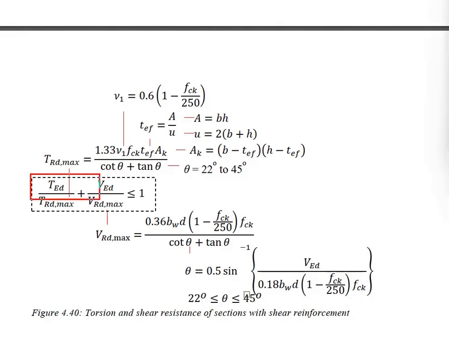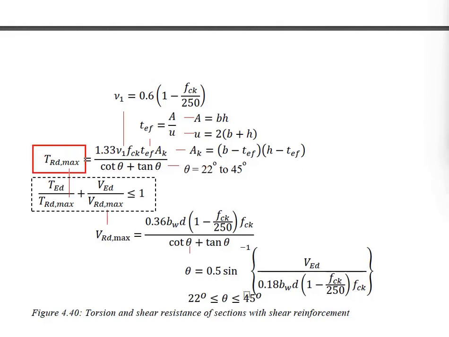First is the interactive equation here as a conservative measure under the combined effect of the torsion and the shear. Second, it will be the strength reduction factor as imposed by Eurocode.